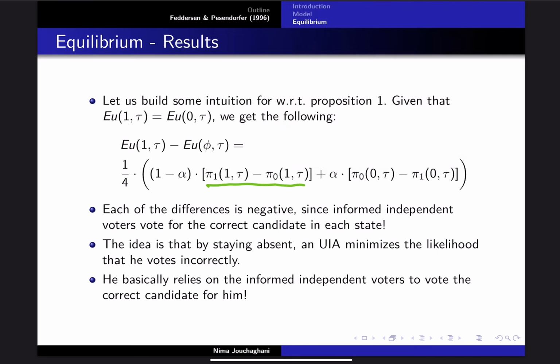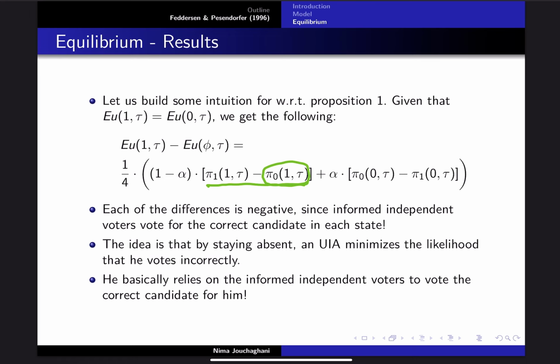The first term is the probability that candidate 1 gets exactly 1 vote less than candidate 0 if the state of the world is equal to state 1, minus the probability that candidate 0 gets exactly 1 vote less than candidate 1 if the state of the world is equal to 1.